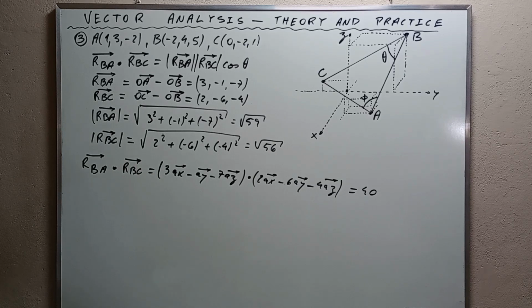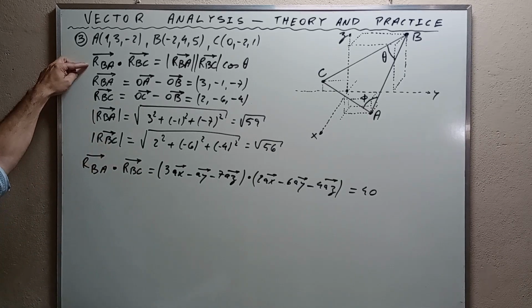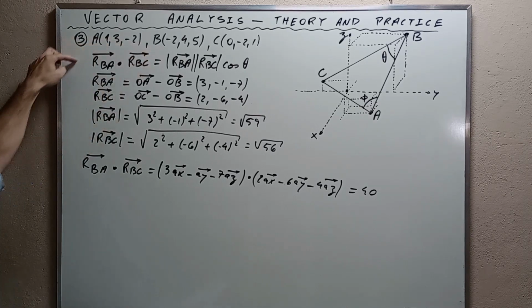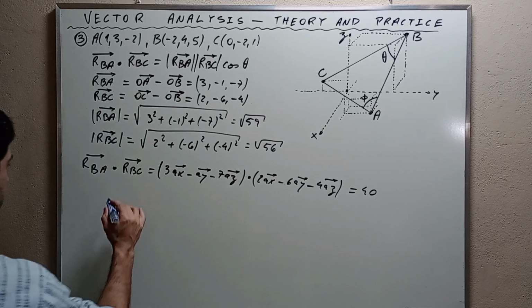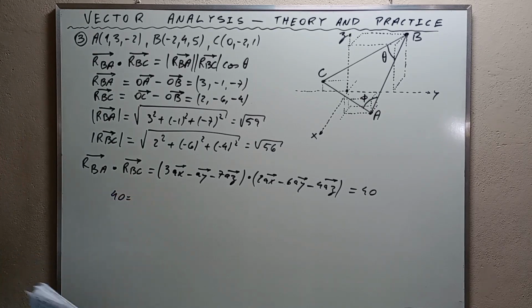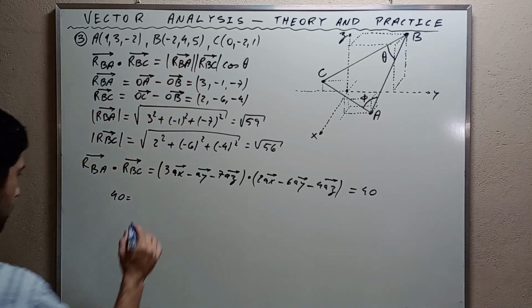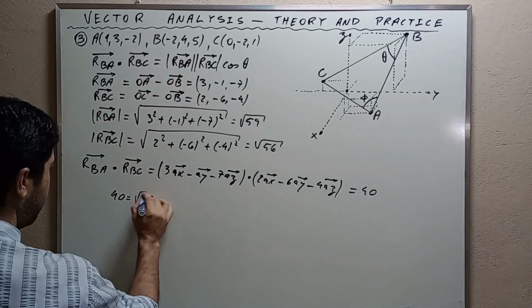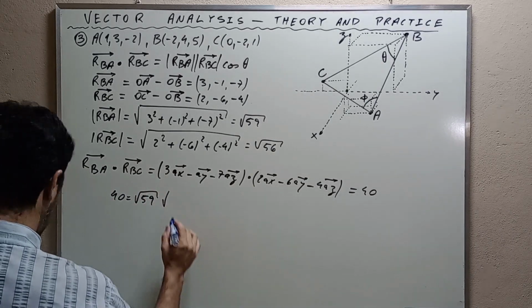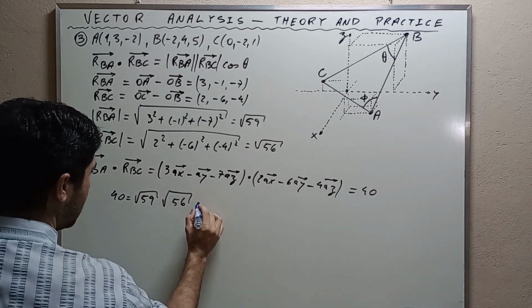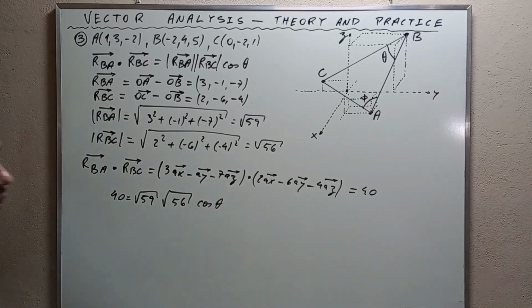We have everything now. Using this expression here, in the place of this term here, we use 40. The product between the magnitudes, the square root of 59 times the square root of 56 times the cosine of theta.